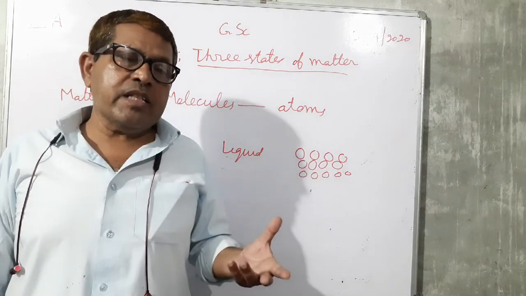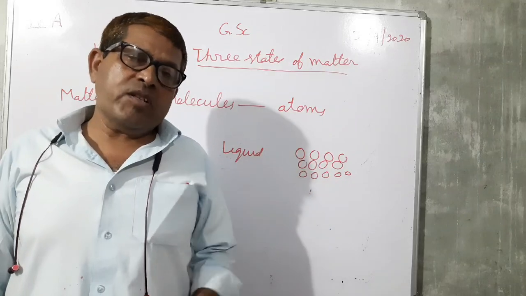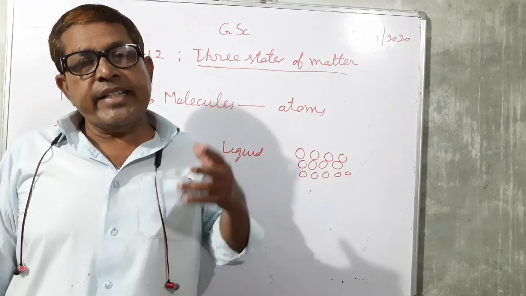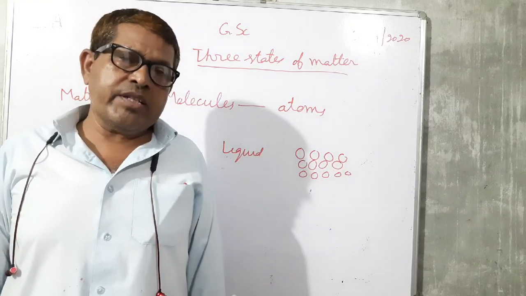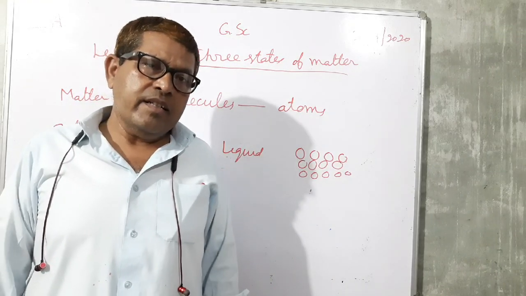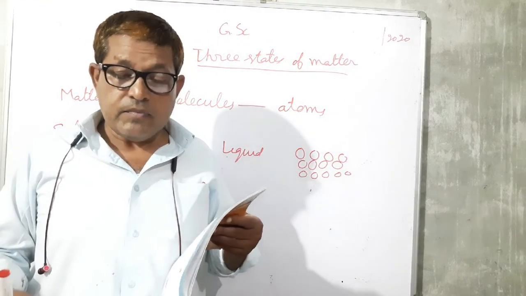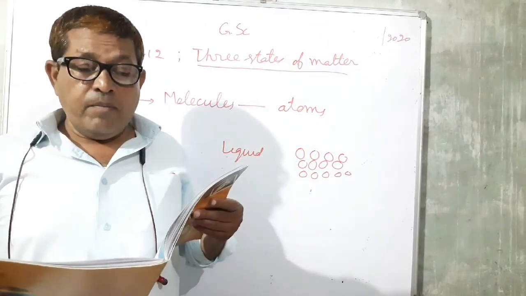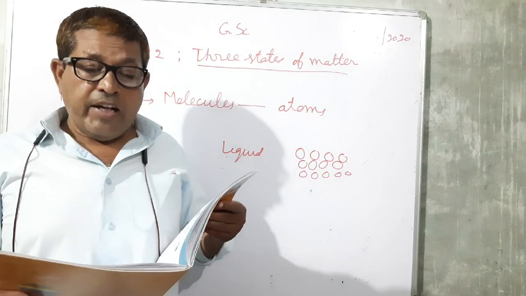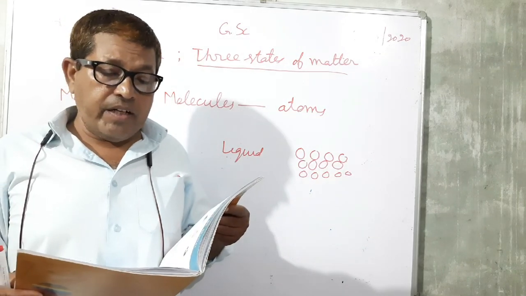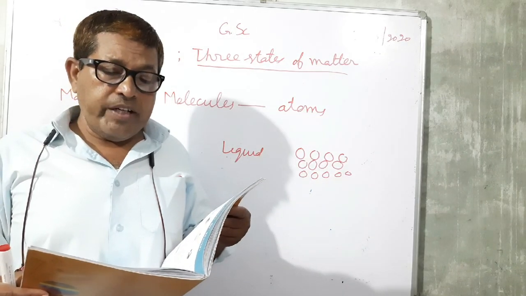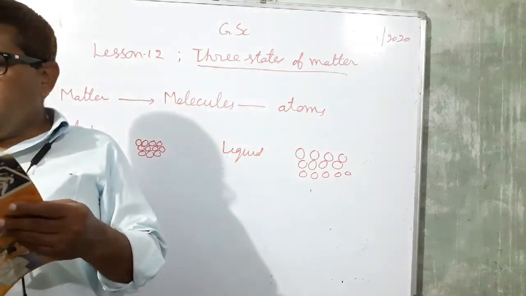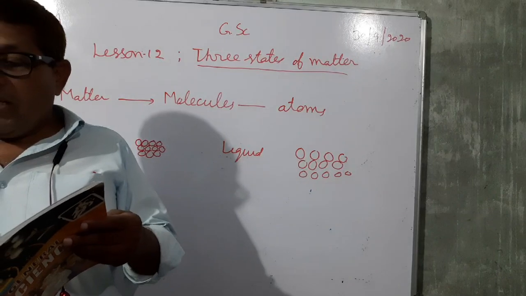If in a circular vessel, the shape of the water will be circular. Liquids take the shape of the container they are poured in. Water, milk, petrol, kerosene and juices are some examples of liquids.